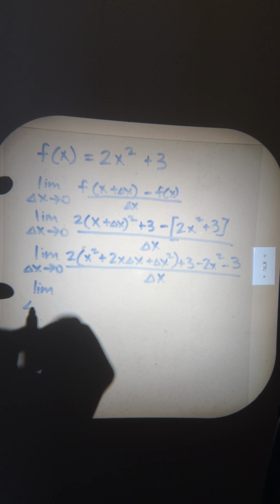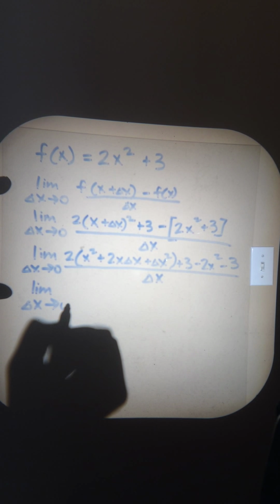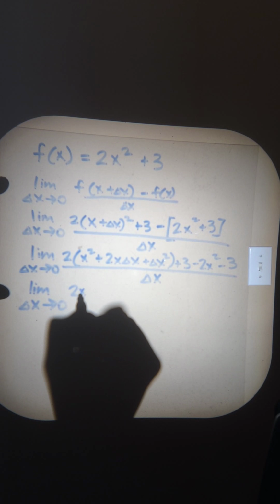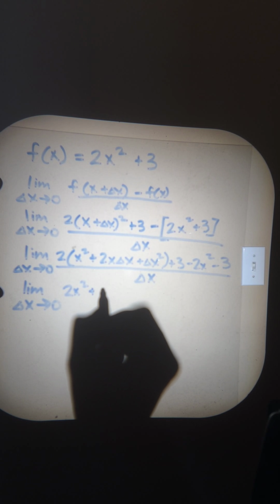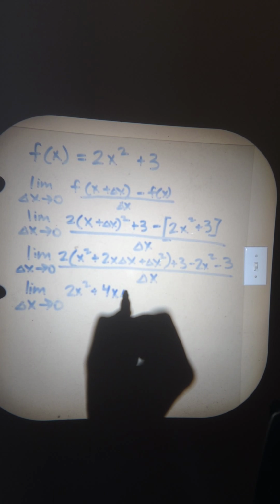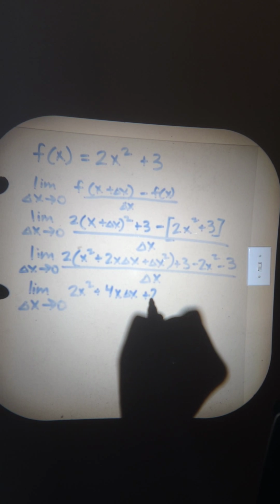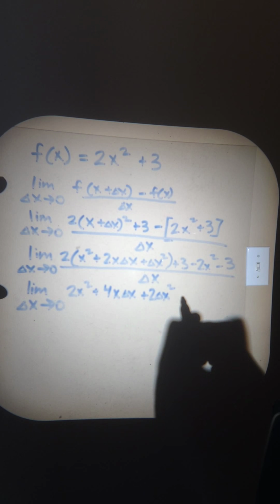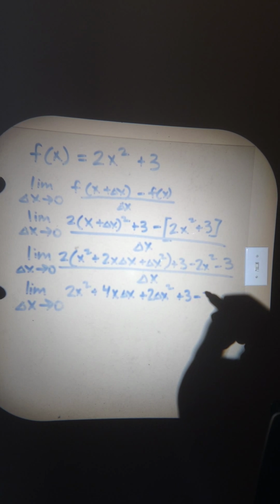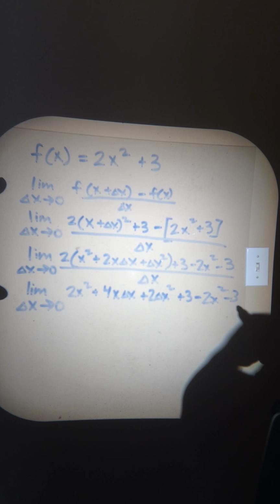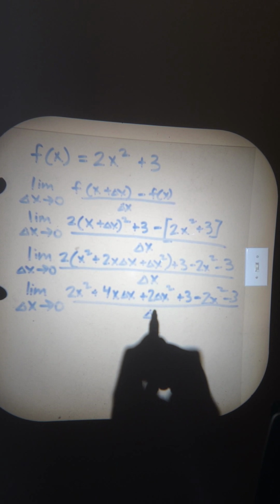Simplify some more. The limit as delta x approaches 0 of 2x squared plus 4x delta x plus 2 delta x squared plus 3 minus 2x squared minus 3 all over delta x.